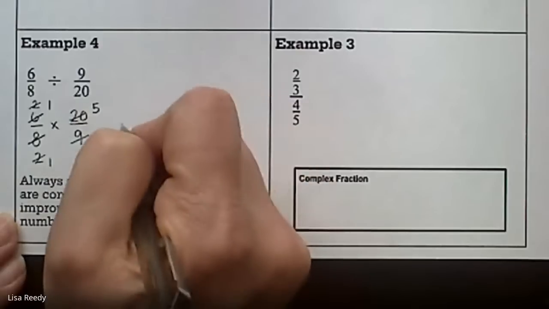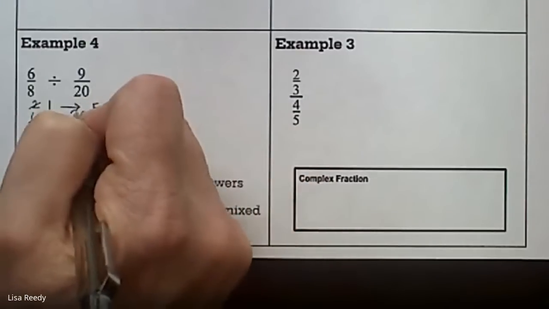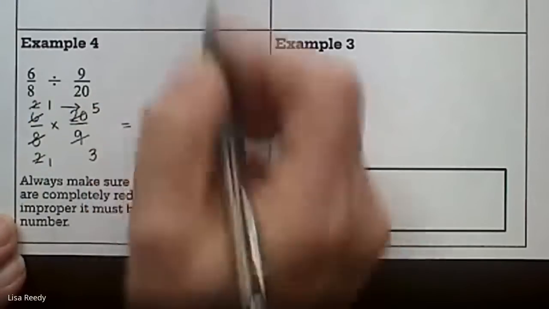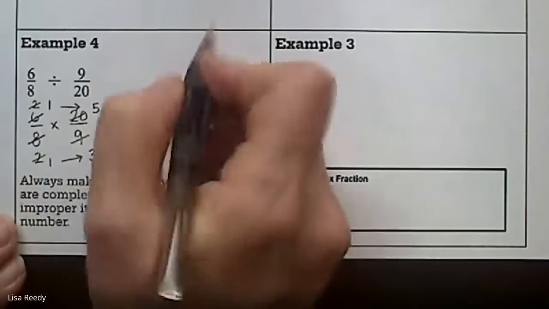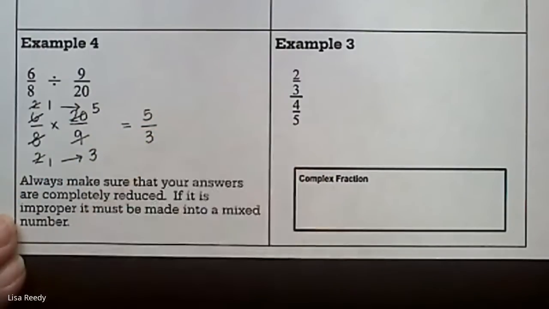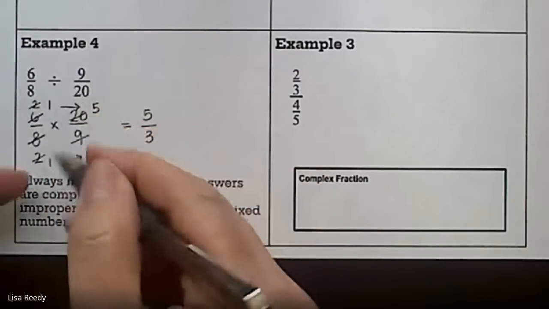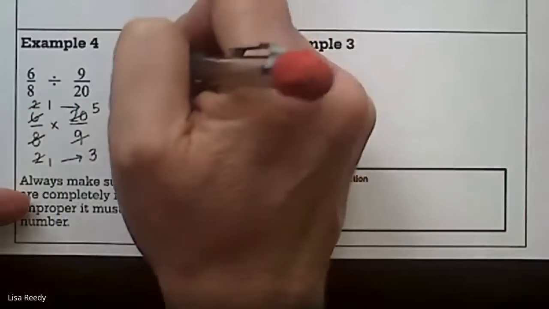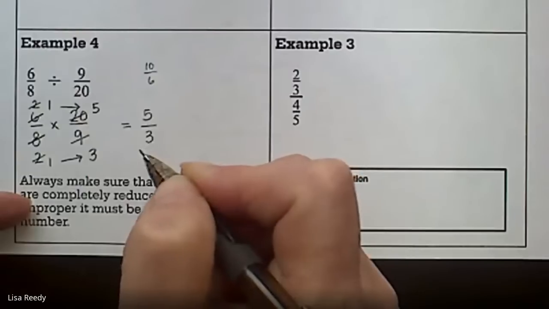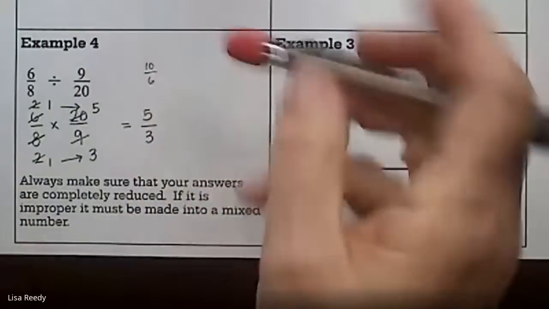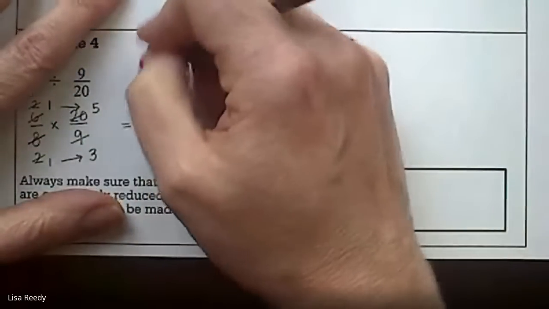When I multiply across, I get 1 times 5, which is 5. I'm sorry, checking 5 and 3, there's nothing there. Check in my head sometimes and don't say it out loud. And 1 times 3 is 3, so I have 5/3. If you didn't simplify here, this would have been 10/6, and then you would have had to reduce that 10/6 to 5/3.